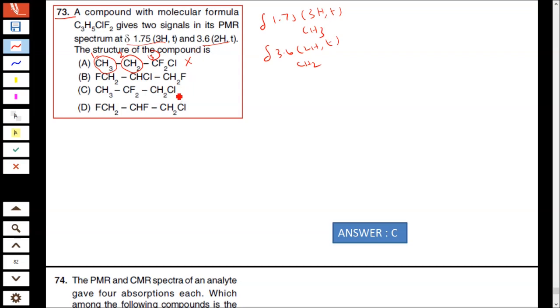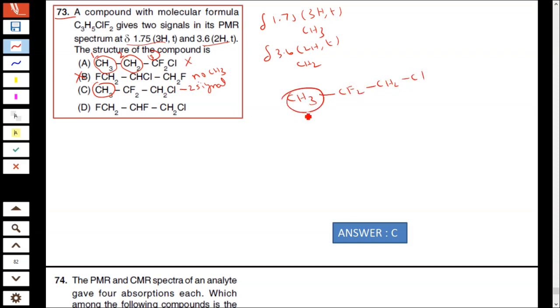In option B, there was no CH3. This 1.75 3H was not observed. Option B was also ruled out. In option C, you have 2 signals. Here this CH3, CF2, CH2Cl.